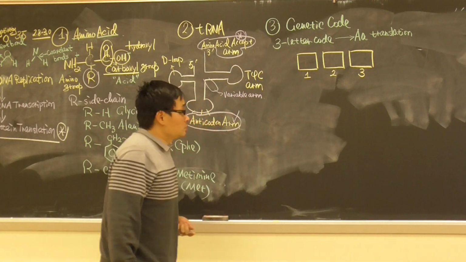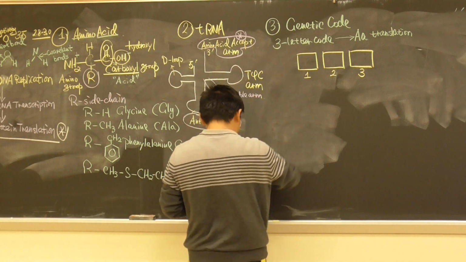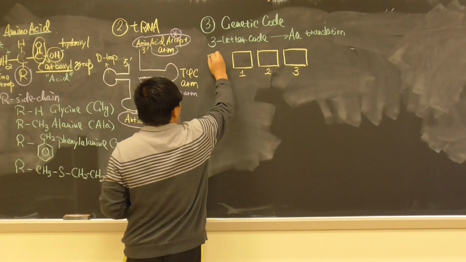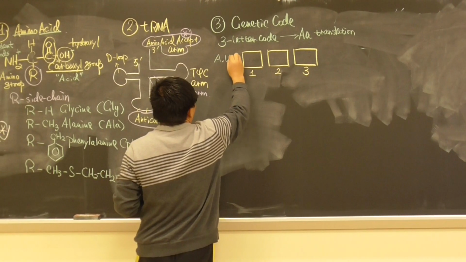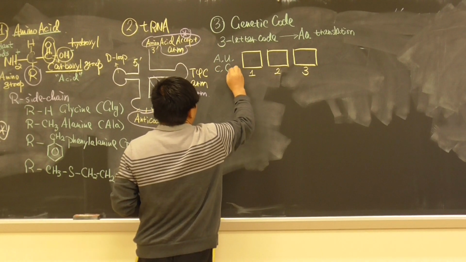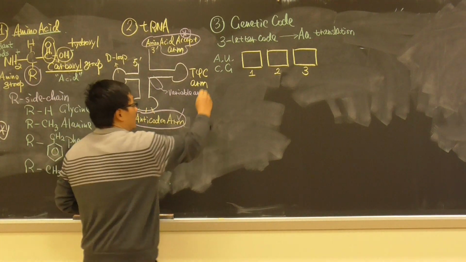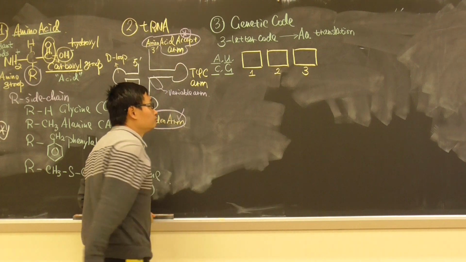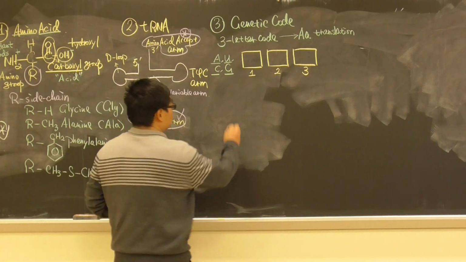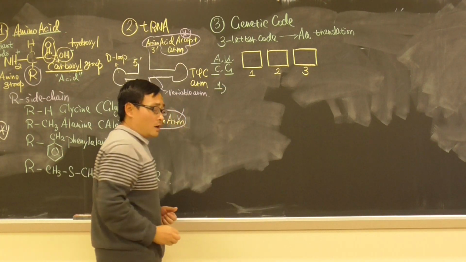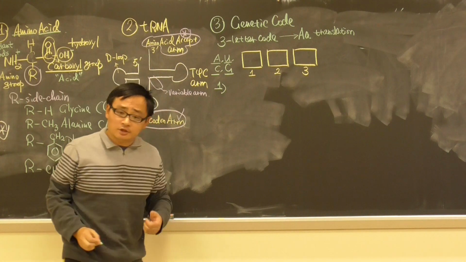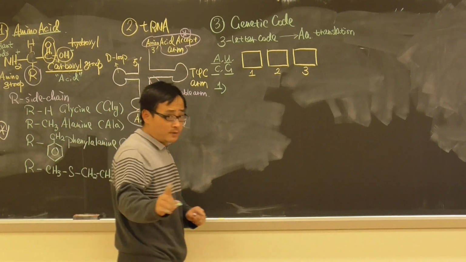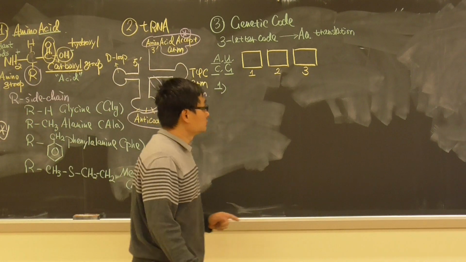In every box there could be 4 different types of gene base, which are A, U, C, G: adenine, uracil, thymine, and guanine. Now the first question: how many possible genetic codes will be created theoretically? Remember, what I said is theoretically.